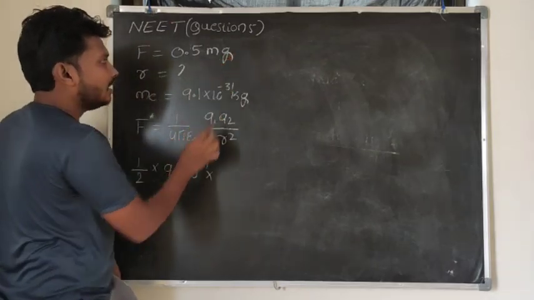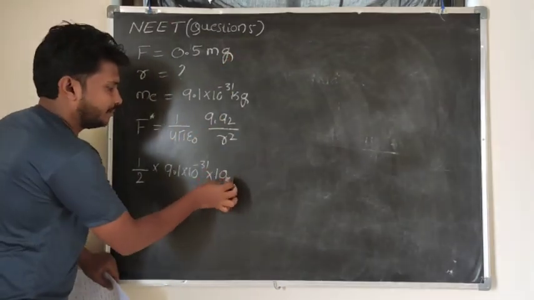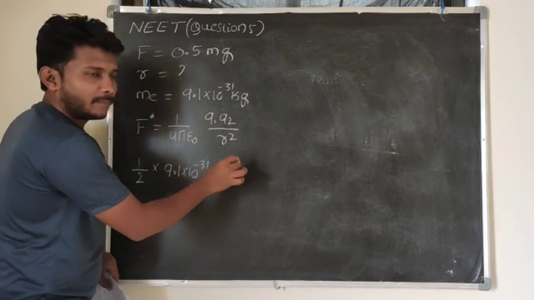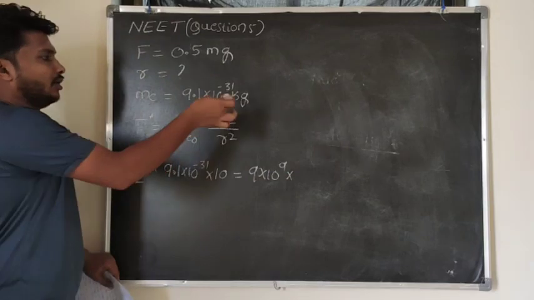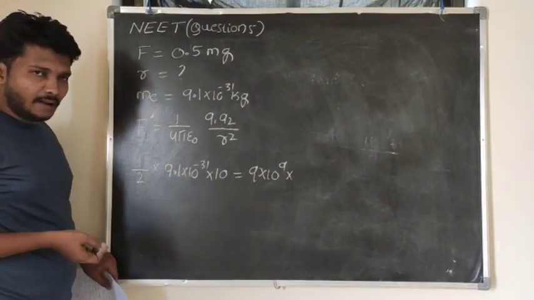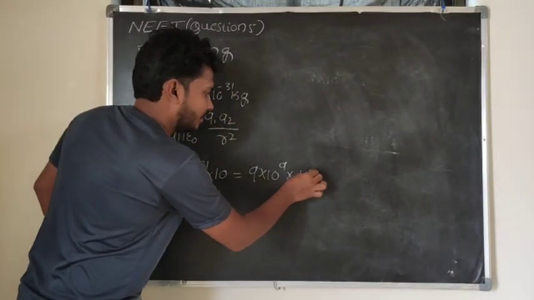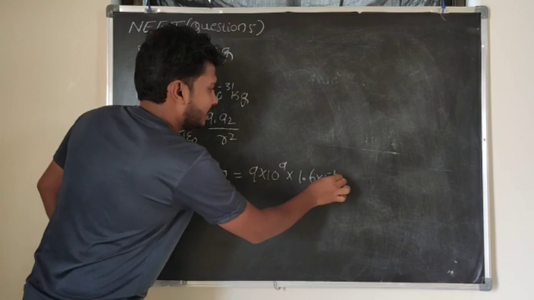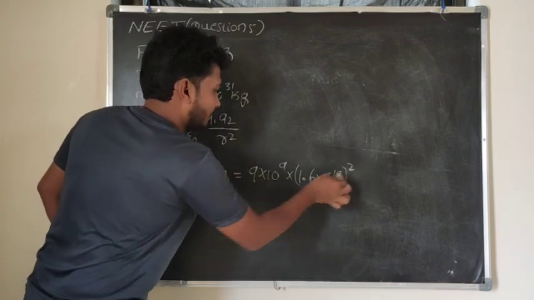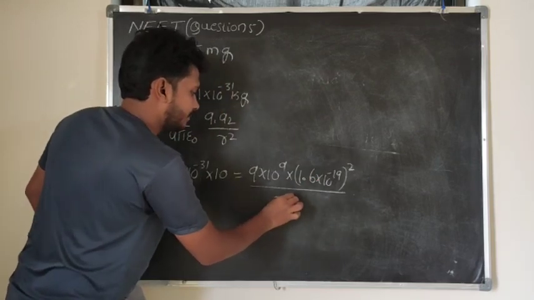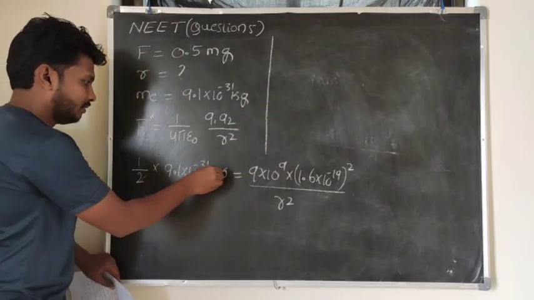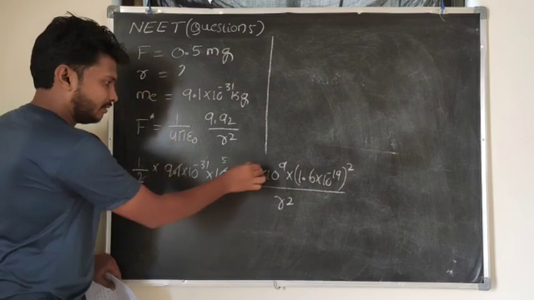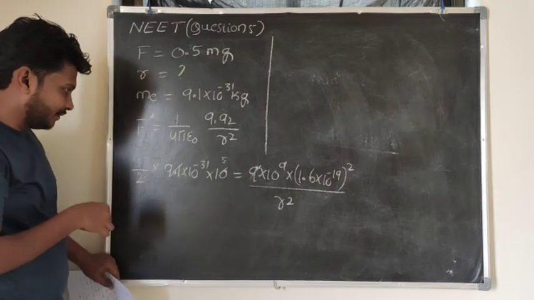Next, acceleration due to gravity 9.8 or 10. 1 by 4 pi epsilon naught value is 9 into 10 to the power of 9. Q1 into Q2, the magnitude of the electron charge, 1.6 into 10 to the power of minus 19 whole square, divided by r square. So calculate that r value. 5 and 9.1, nearly 9, will get cancelled out here.